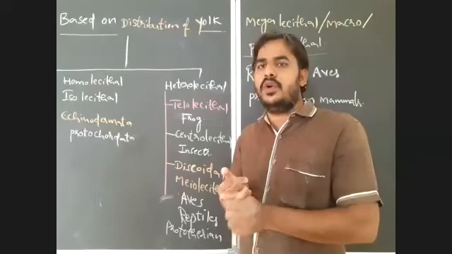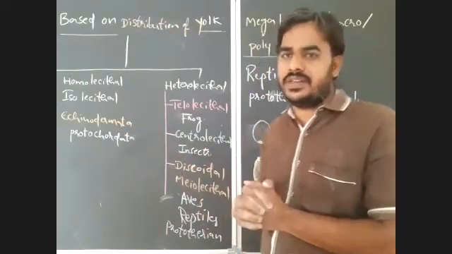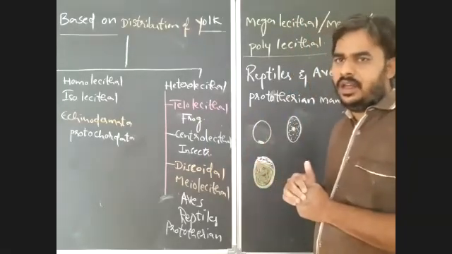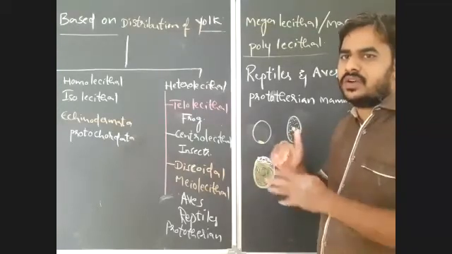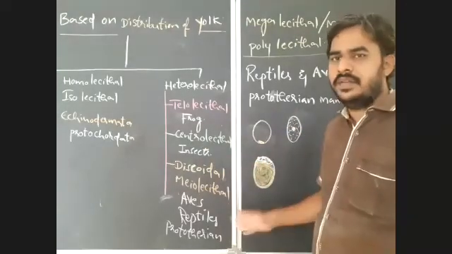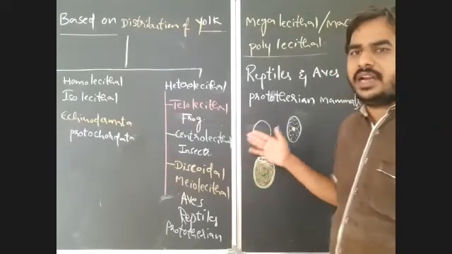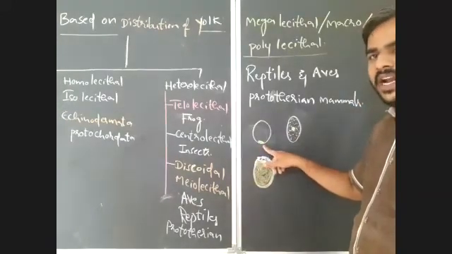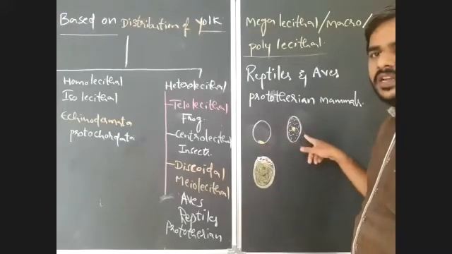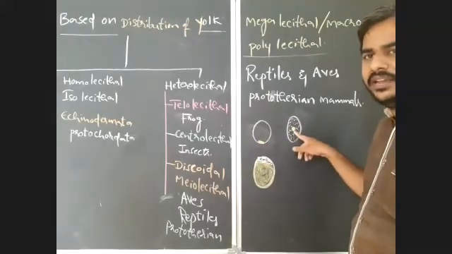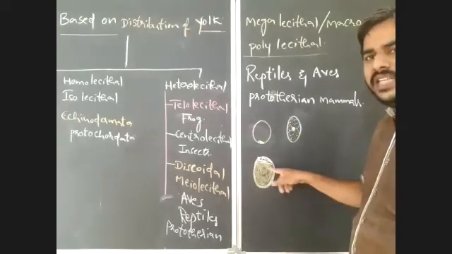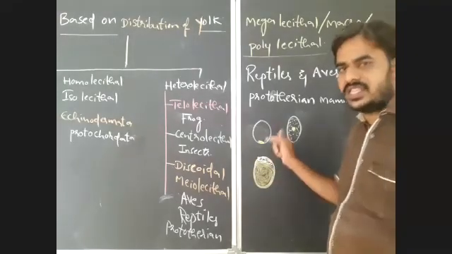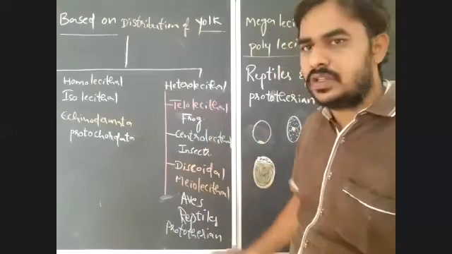Whereas heterolecithal eggs, based on the location where the yolk is more accumulated, are of three types: telolecithal eggs, centrolecithal eggs, and discoidal eggs. In telolecithal eggs, the yolk is accumulated at only one end, the vegetal pole. In centrolecithal eggs, the yolk is accumulated at the center of the egg. In discoidal eggs, the majority of the portion is occupied by yolk, and the cytoplasm is in the form of a small disc. Those are the three types, and I gave you the respective examples also.